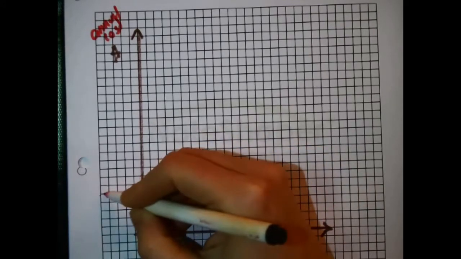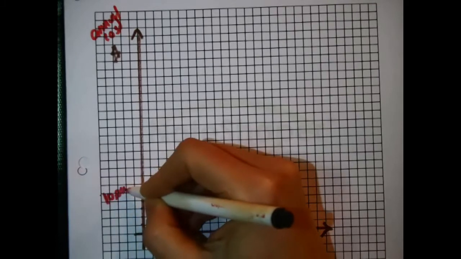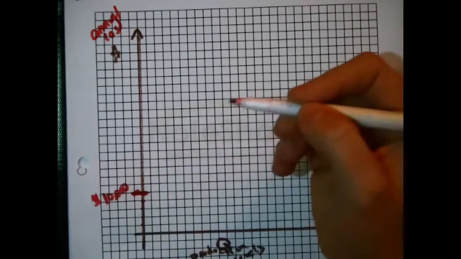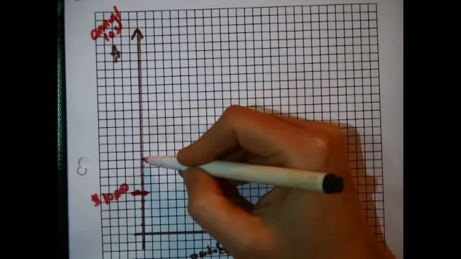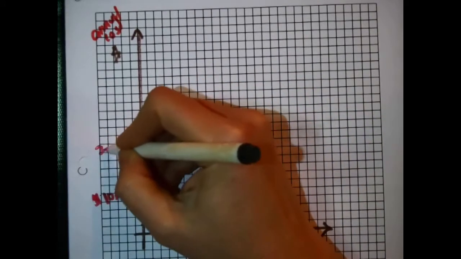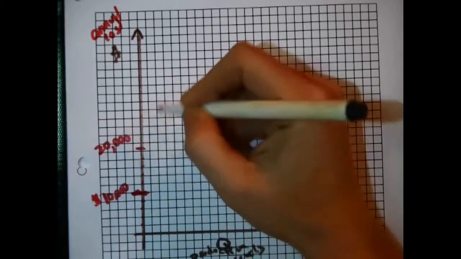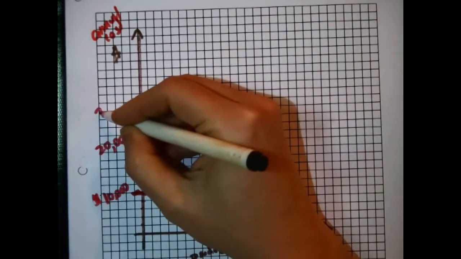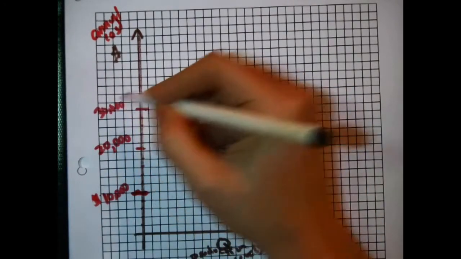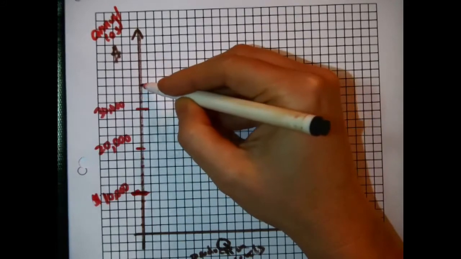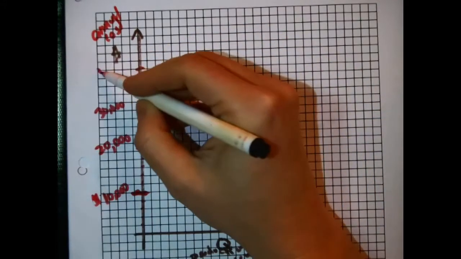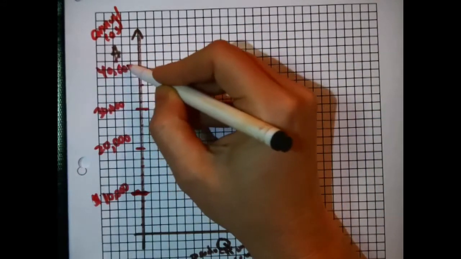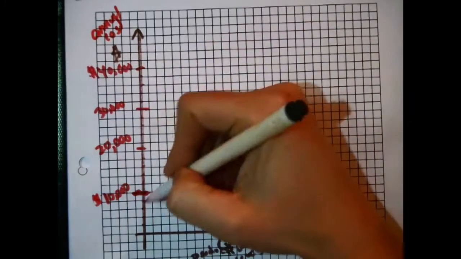That's 10,000. You know, these are sort of important milestones. 1, 2, 3, 4, 5. That makes this 20. 1, 2, 3, 4, 5. That makes that 30. And 1, 2, 3, 4, 5. That makes that $40,000. Varying levels of cost.